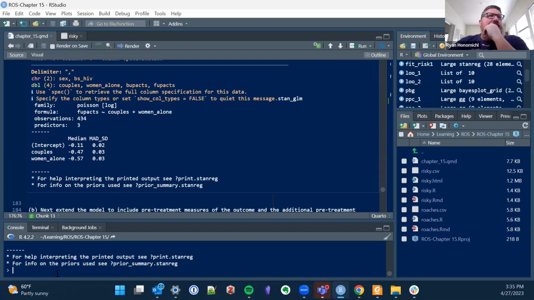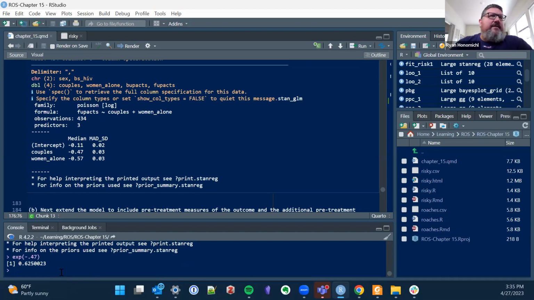So for the effects of having couples therapy, I'm trying to make sure I interpret this right. Does that mean we would have a 62.5% decrease in sexual acts?